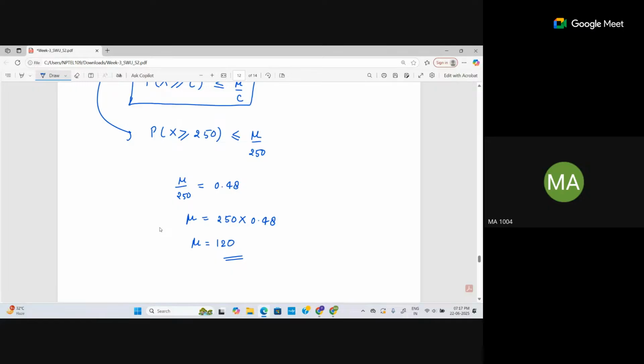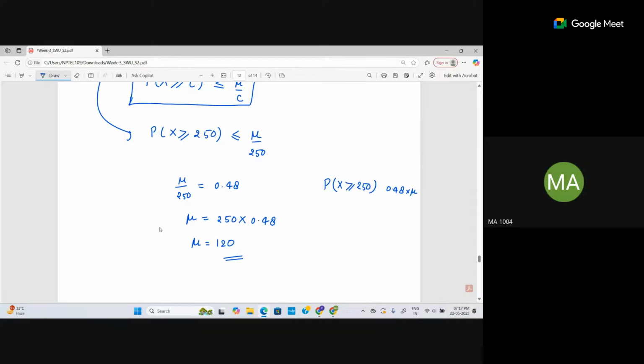Okay, one minute. You are saying that the chance of getting more than 250 calls is equal to 0.48, which is 0.48 times mean?